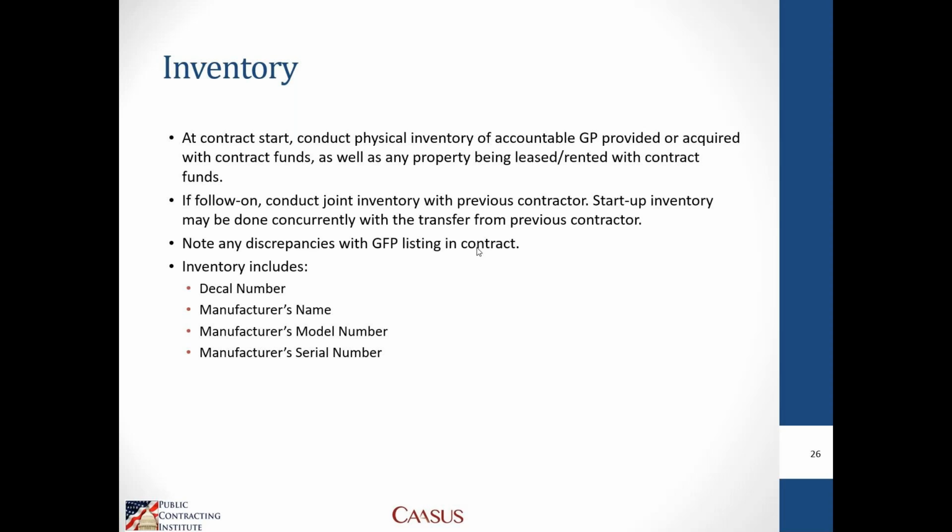They'll do a joint wall-to-wall inventory, and they'll identify any discrepancies with the government furnished property listing in the contract so that the government contracting officer can modify that list on the contract. Inventory always has to include your decal number or tag number, any manufacturer name, manufacturer model. If the item's serialized, you'll have to include the serial number as well.